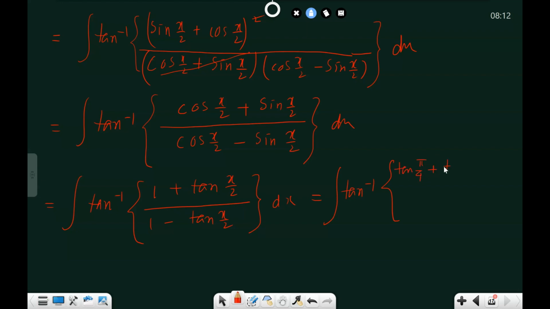Then plus this is tan x by 2, divided by 1 is remaining here, minus, you can consider a 1 here, this 1 is replaced by tan pi by 4, that is tan pi by 4, into tan x by 2 is there. This is your term now. Now you see the numerator is tan inverse of tan a plus tan b divided by 1 minus tan a into tan b. So we have a standard formula for that.